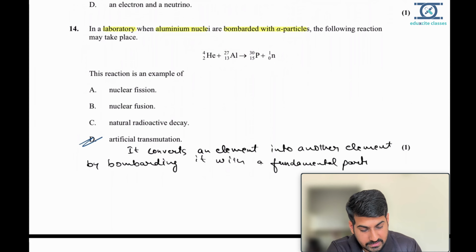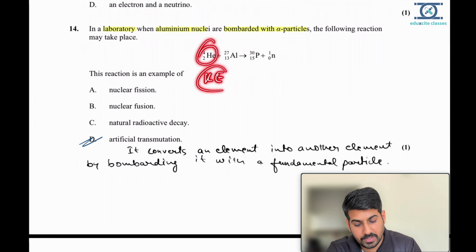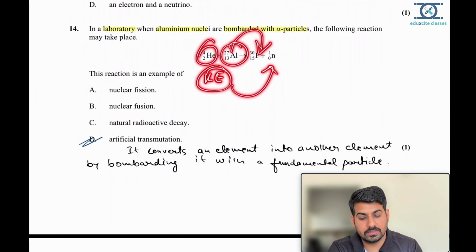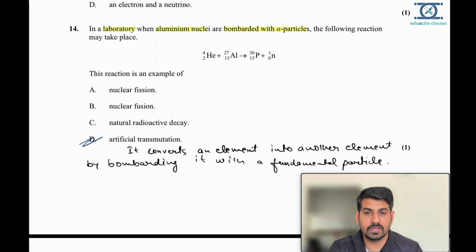And for this, the kinetic energy of this alpha particle should be higher than, in order to make the nuclei change into another element. Okay, so if this kinetic energy is not sufficient with the alpha particle, then this will not take place. Okay, so this is nothing but artificial transmutation. I hope it is clear. If you have any doubt, you can just comment below.